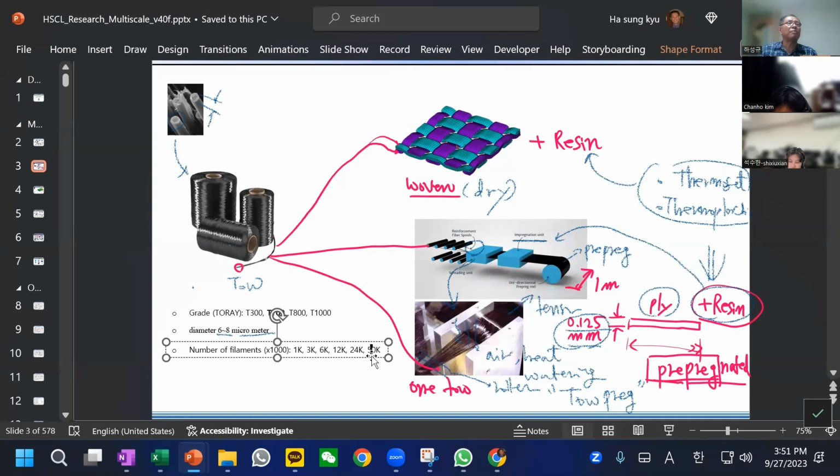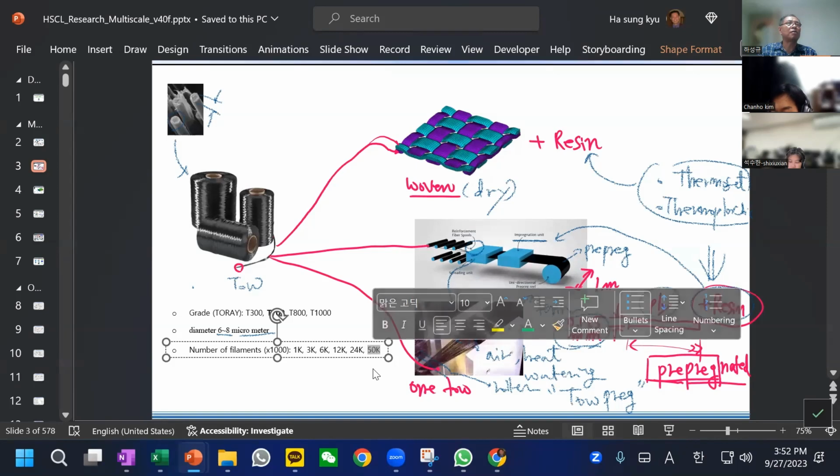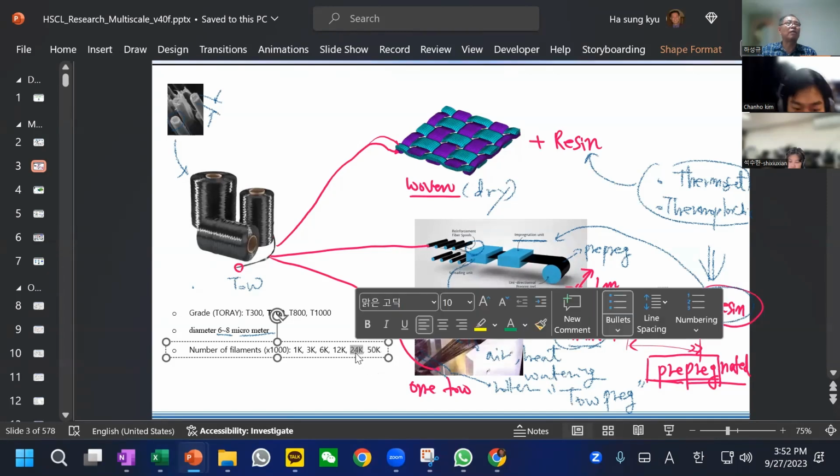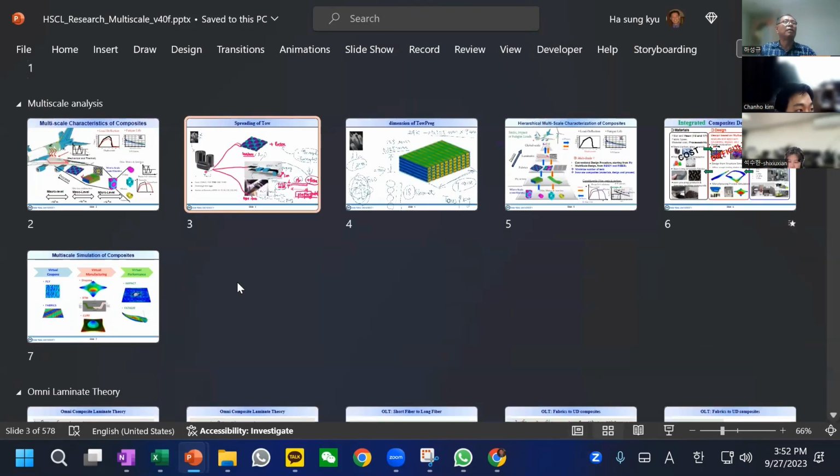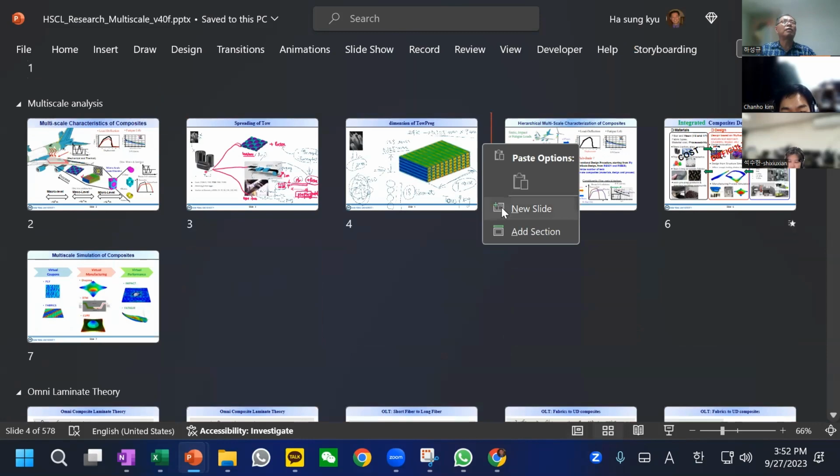But the quality of each carbon fiber is not as good as with a low toe, a low number of filaments. So heavy toe, this 50K, is much cheaper than 24K, even per weight. Which is very important to understand.